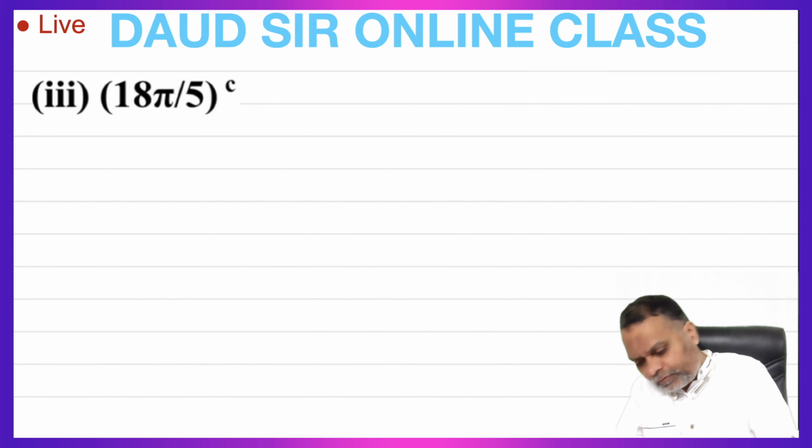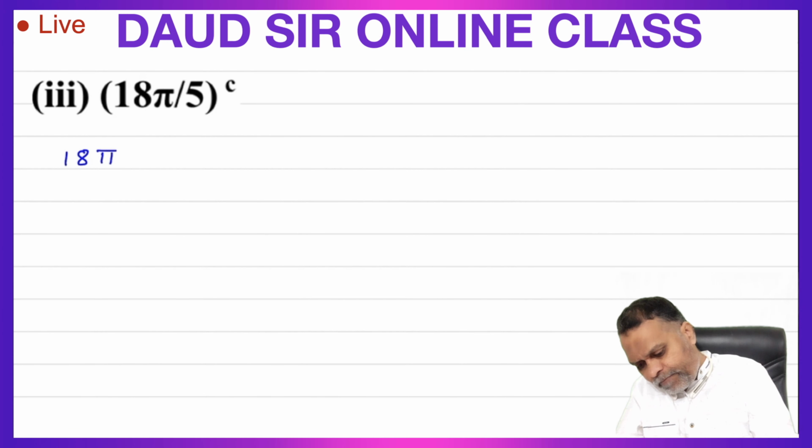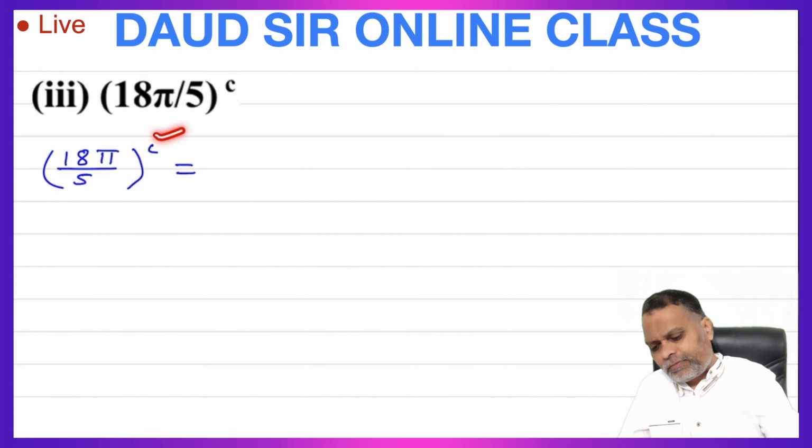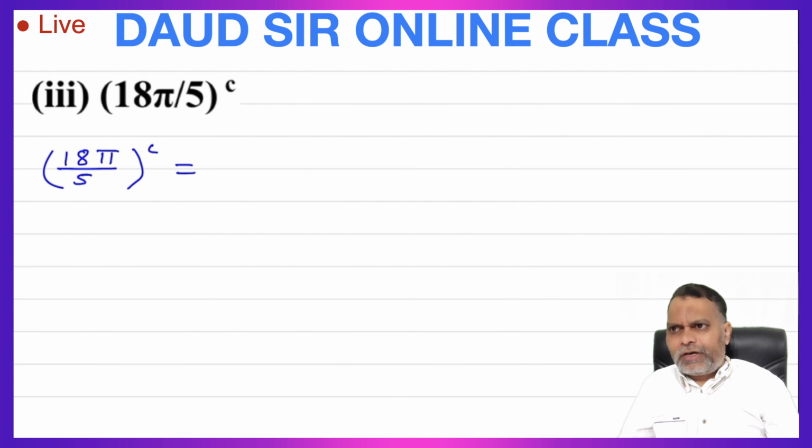Part third. 18 pi by 5 radian. Sometimes this type of C is written for the radian, and this C stands for circular measure.